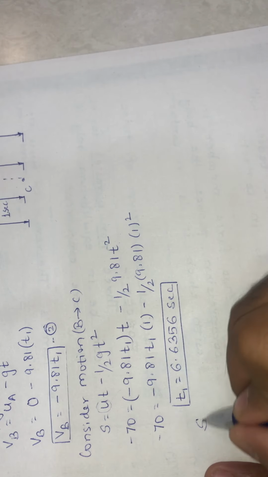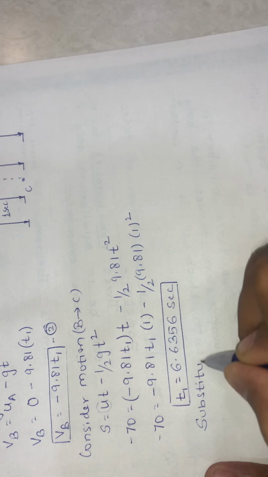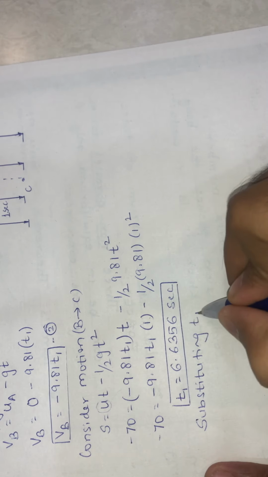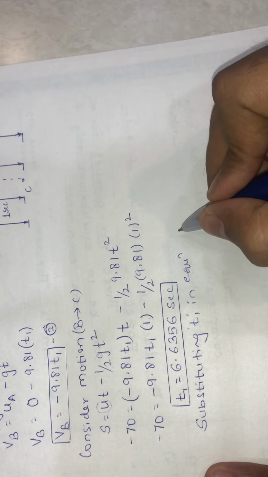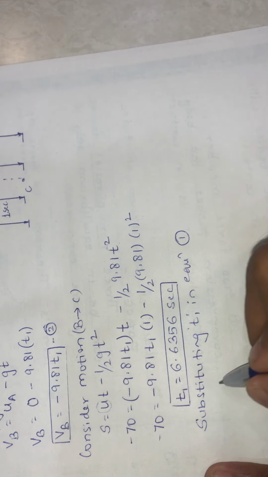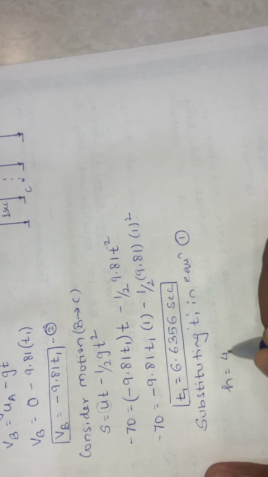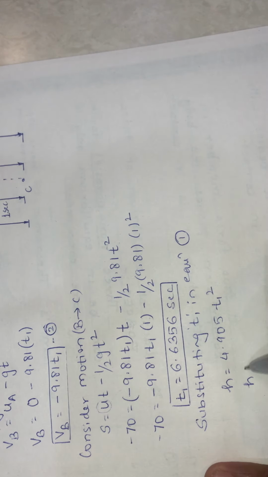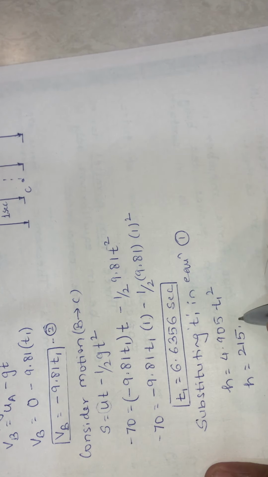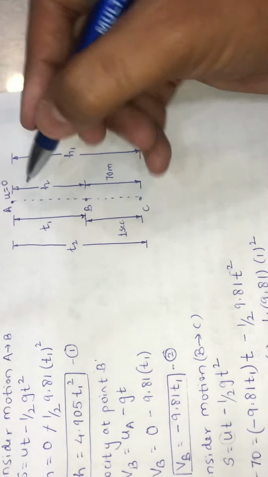Now substituting t1 in equation 1, h equals 4.905 t1 square will give me h equals 215.973 meters. This is the height which is covered here.